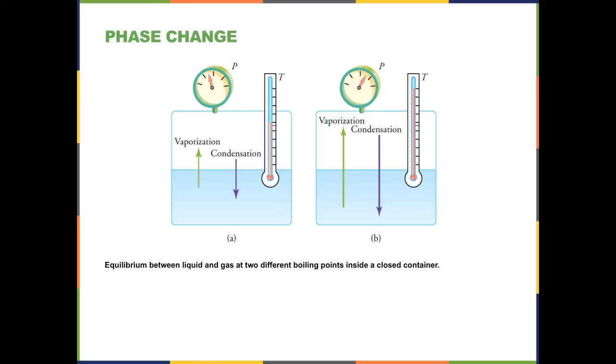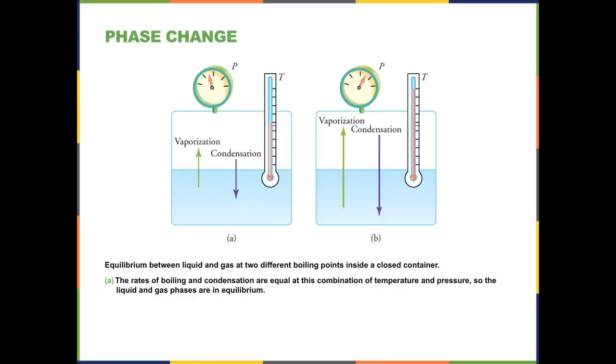Now, here's another way of looking at it. A shows the rates of boiling and condensation that are equal at a particular temperature. You reach an equilibrium where the vaporization of the liquid and the condensation of the gas are at the same rate.